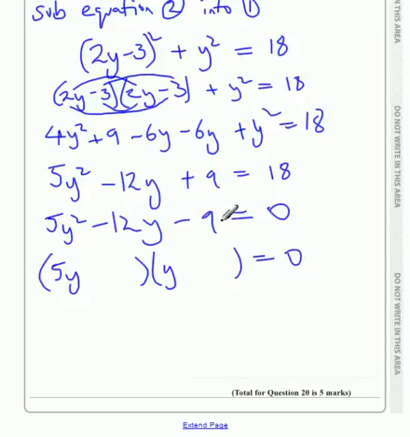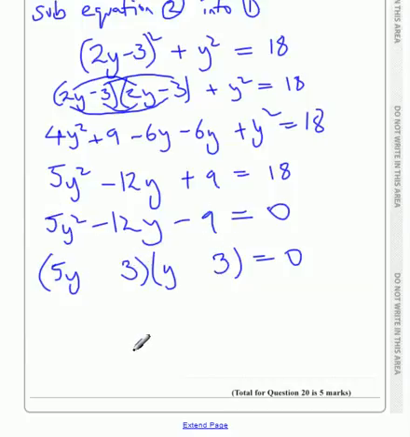Then we can look at the minus 9 and think about what multiplies to make minus 9. It's either going to be 3 and 3 with positives and negatives, or 9 and 1. Those are the only factors we've got for this. So let's try out each of those.